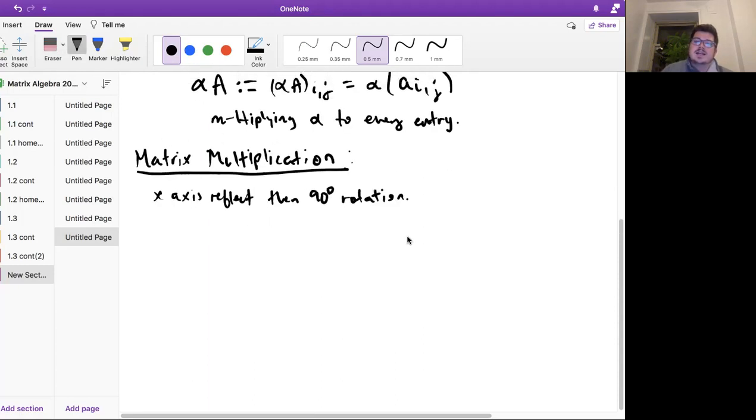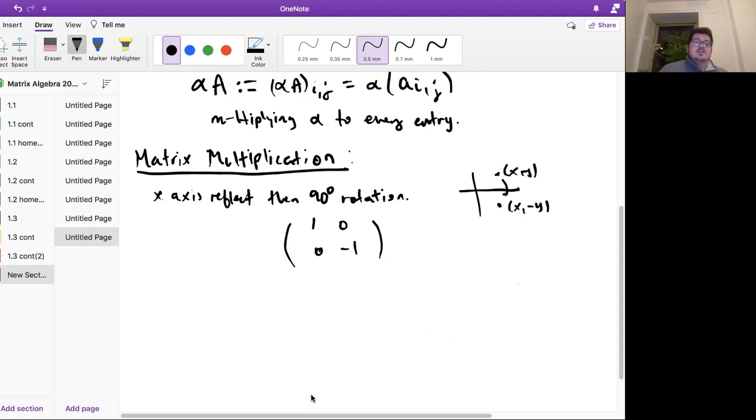Does anyone remember what x-axis reflect is? What the matrix looks like? Yes, (x, y) to (x, negative y). So the matrix is 1, 0, 0, negative 1.